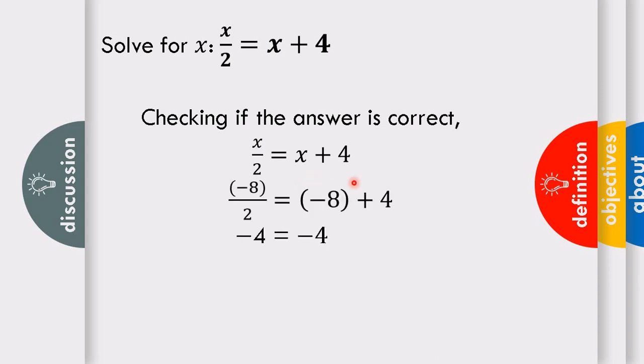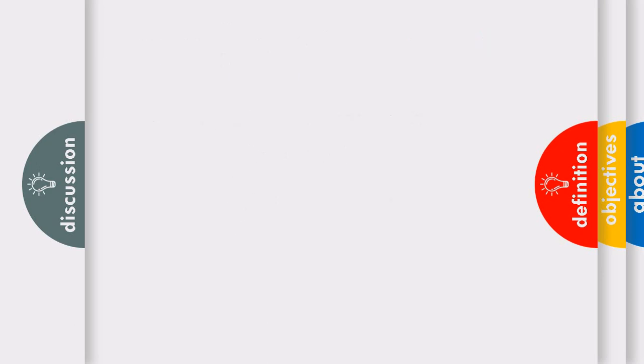Substitute -8. So -8/2 is equal to negative 8 plus 4. Negative 8 over 2 is equal to negative 4. And negative 8 plus 4 is also equal to negative 4. So, since negative 4 is equal to negative 4, therefore, x equals negative 8 is a solution to the given rational equation. Okay, next problem.